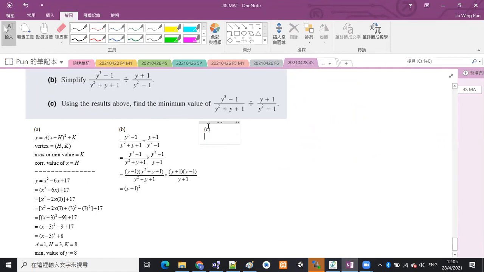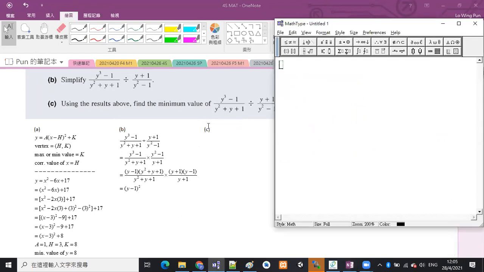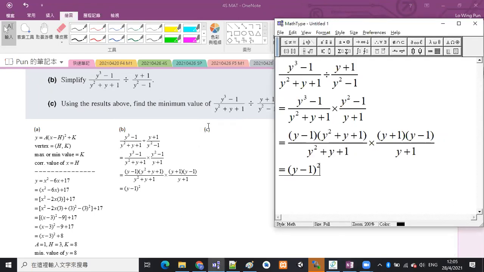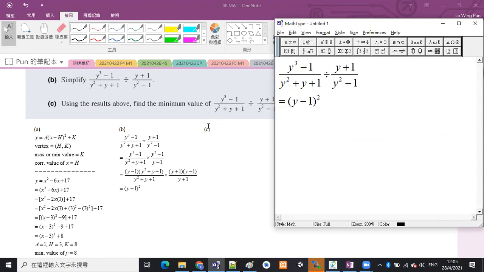Using the results above, find the minimum value of this. Okay, so this y, I want to find the minimum value of this. It's y minus 1 bracket square.